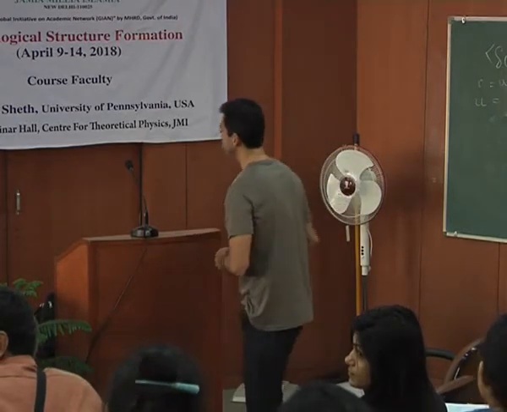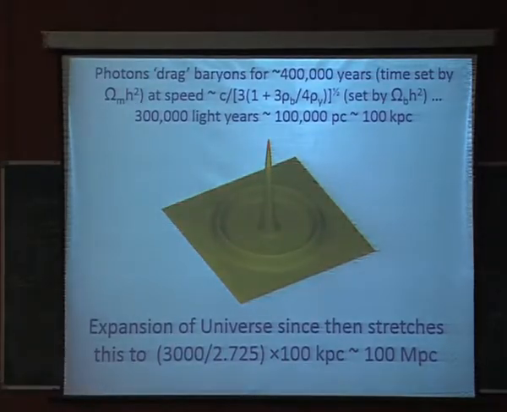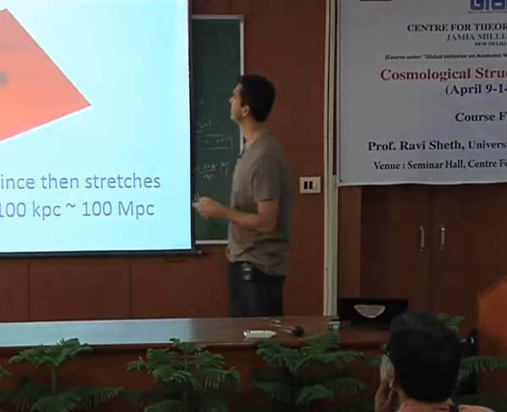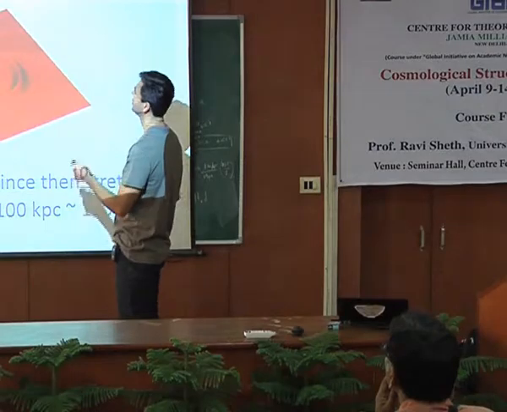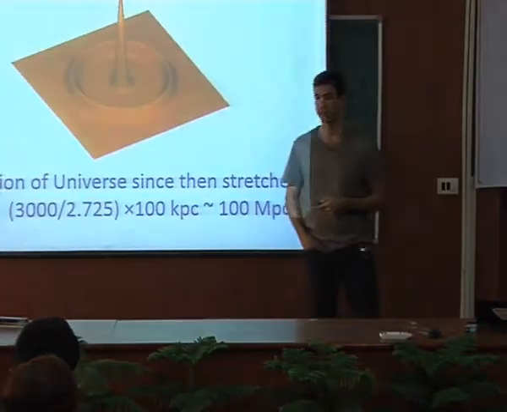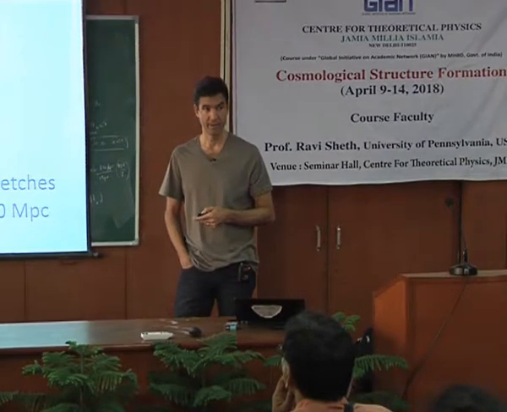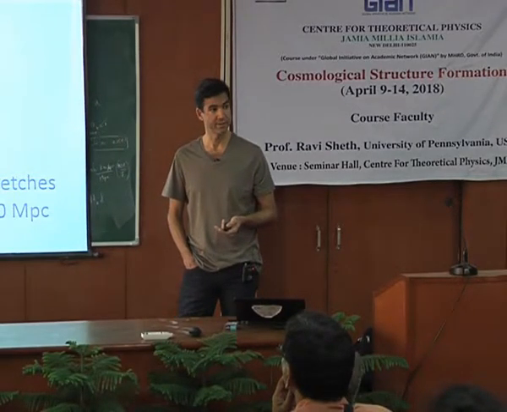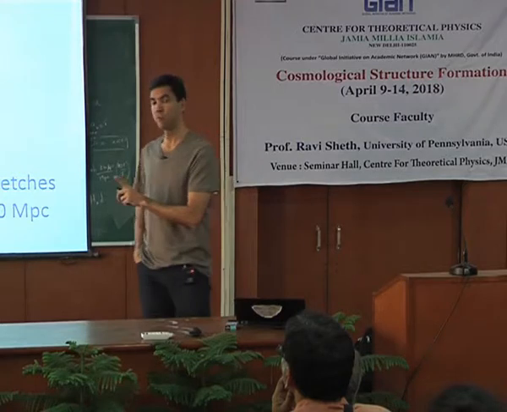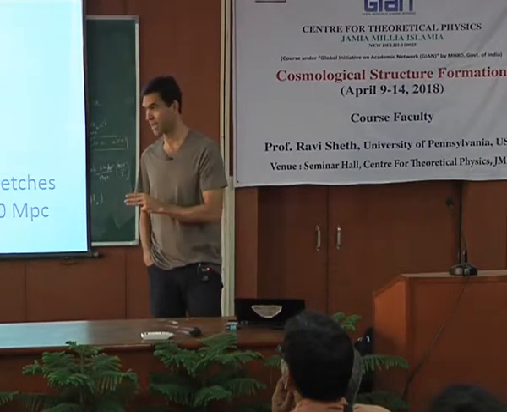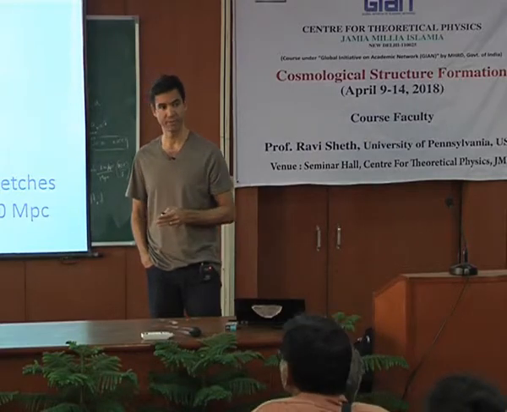So here is an illustration, an idealized illustration. We'll make it more realistic soon. The idealized illustration is you start out with a spike. So this is a place in the universe where there happen to be more stuff. Adiabatic initial conditions, which means more photons, more baryons, more dark matter, more neutrinos.